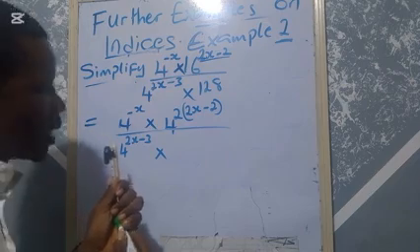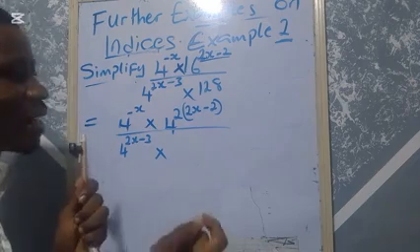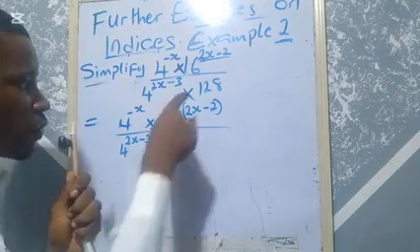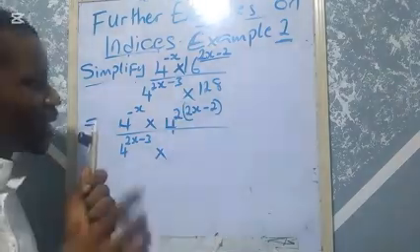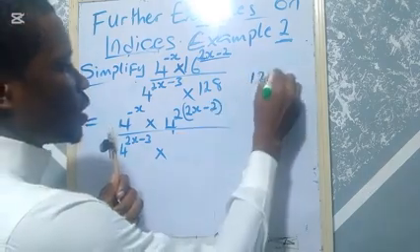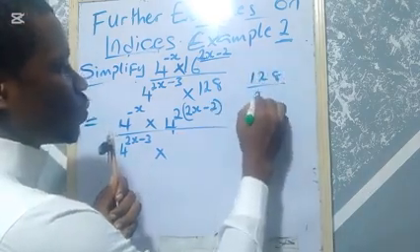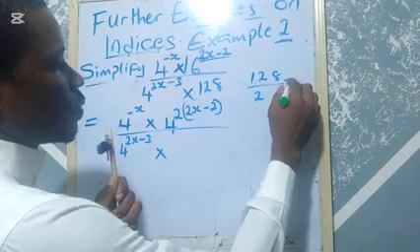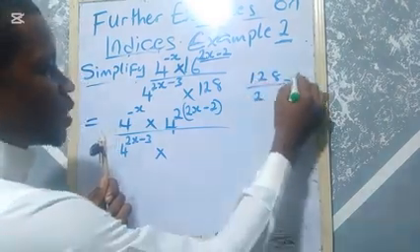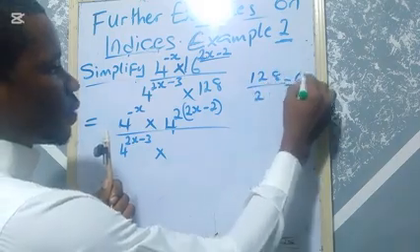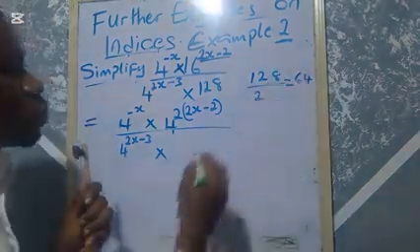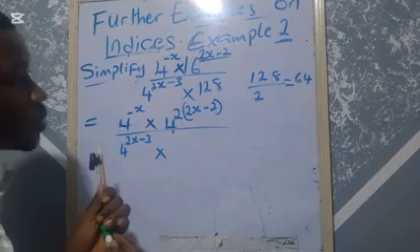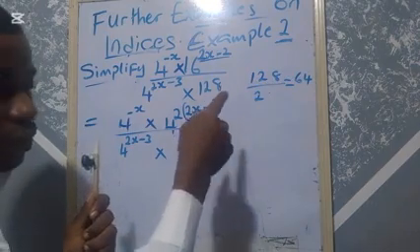Is there anything, let's check, is there anything we can raise to the power of 4 that will give us 128? Let's check. 128, if we divide this by 2, it would give us 64.